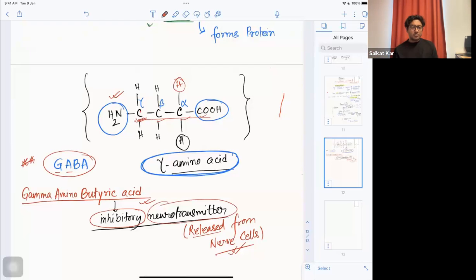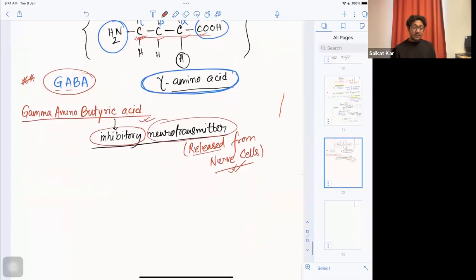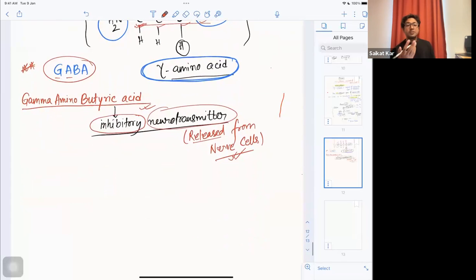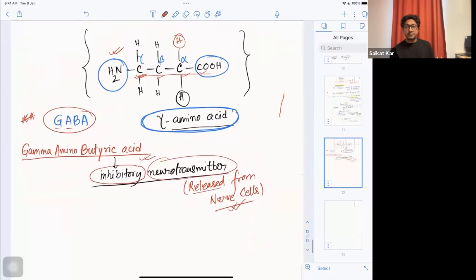So our muscles will not move. So during sleeping, this type of neurotransmitter is released. And if these are not released, some people have sleepwalking, some people do sleep talking, all these things can happen.